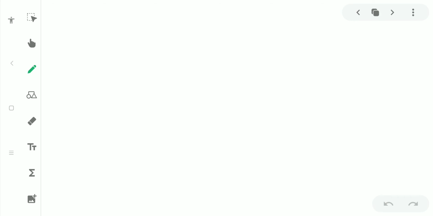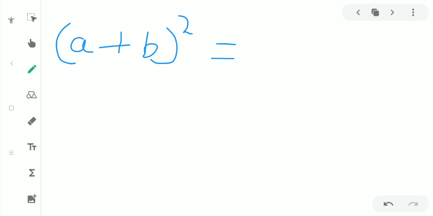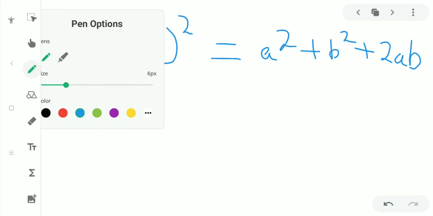The first formula is a plus b whole square. So the formula is a square plus b square plus 2ab. So you can also take an example. A is 2 and b is 3.